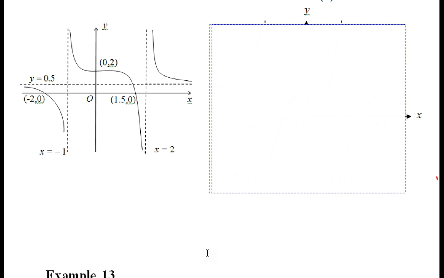At least you can mark out the asymptotes, yeah? The idea is really just to take the reciprocal of all the y coordinates.